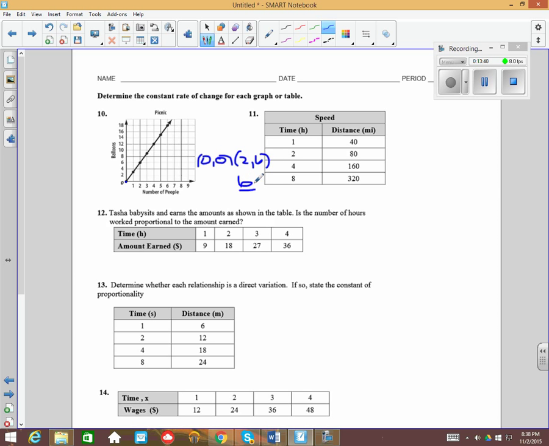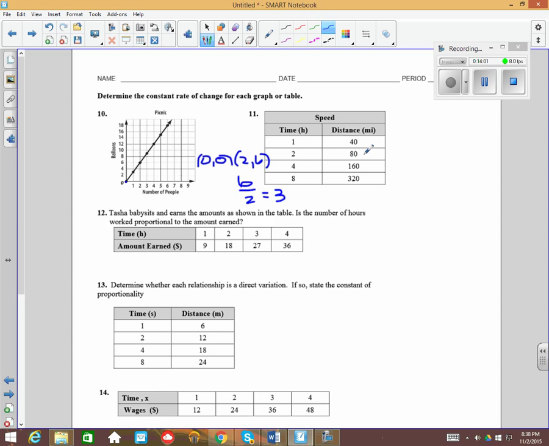Over the change in x, so subtract your x: 2 minus 0 is 2. So that would give you 3. 3 units is the constant rate of change. If you subtract each one of those, at each interval you would still get 3.